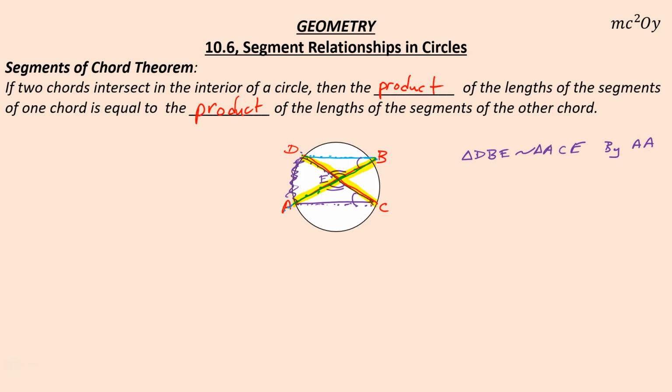And the other thing I know about similar triangles is that in all cases, corresponding sides are proportional. So AE would be to DE.